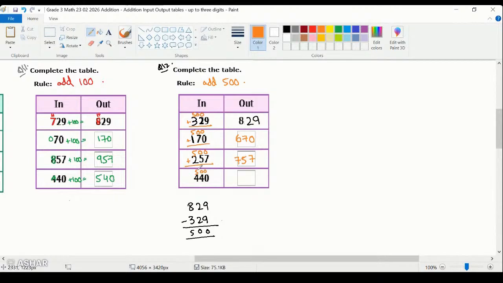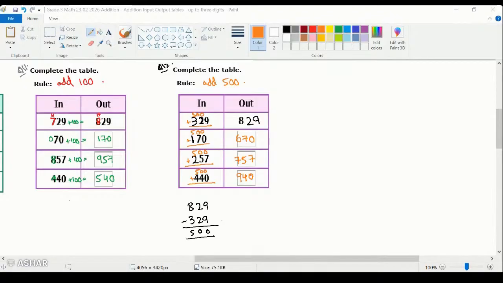Plus 500, 0 plus 0 is 0, 0 plus 4 is 4, and 5 plus 4 is 9, right? Perfect. Those were correct answers. But I changed the question back to an easier value.